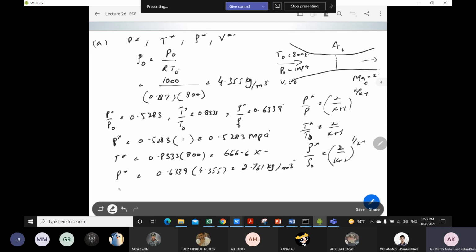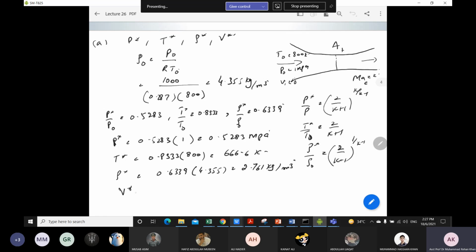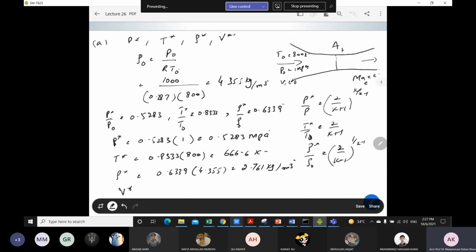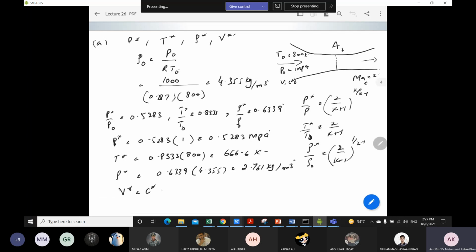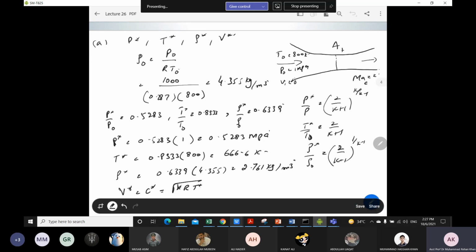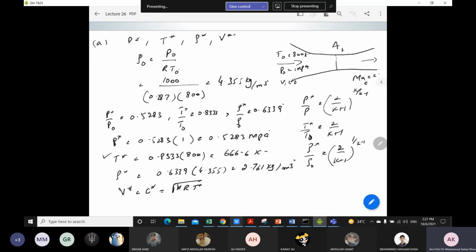The last thing is to find V star. At the throat area, V star is equal to C star, because Mach number is equal to 1, so it is equal to the square root of K R T star. K value is known to us, R value is known to us, and T star value you already found in the previous step.